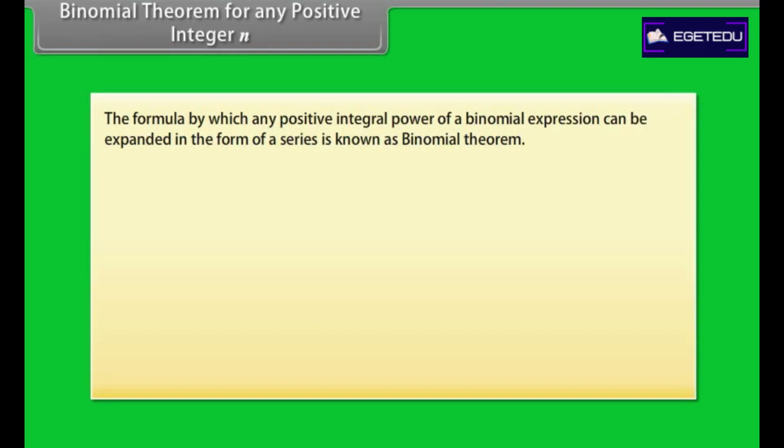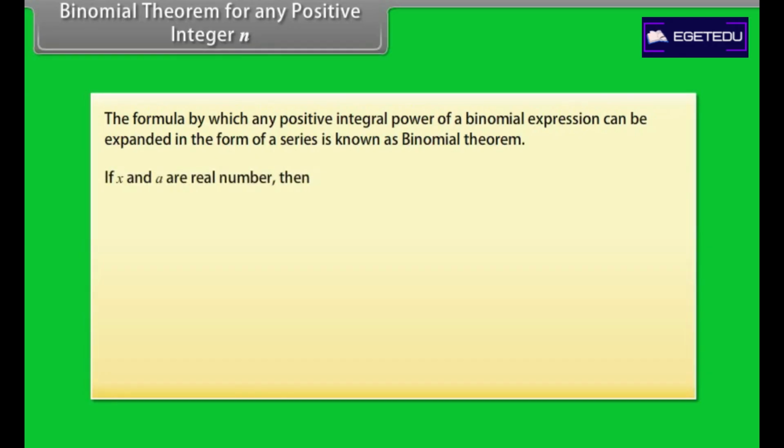Binomial theorem for any positive integer n. The formula by which any positive integral power of a binomial expression can be expanded in the form of a series is known as the binomial theorem.